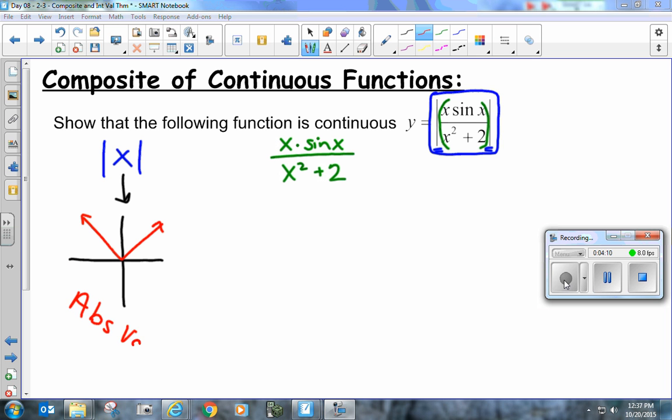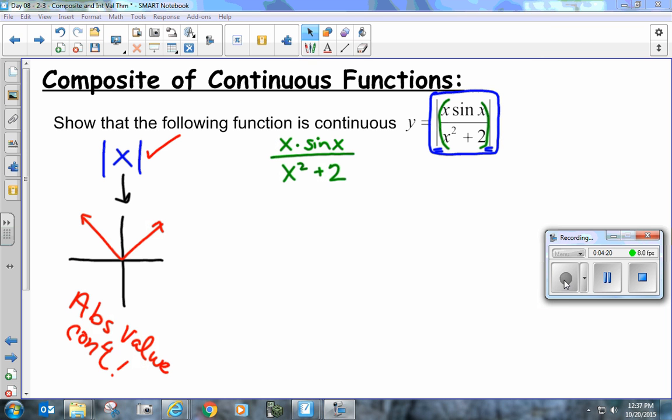The absolute value is continuous. So this one, check, is continuous. Now I just need to check to see if my other fraction is continuous. If my fraction is continuous, then it is continuous when I put it into my absolute value, which is also continuous. Now, how do I figure out if that's continuous or not?